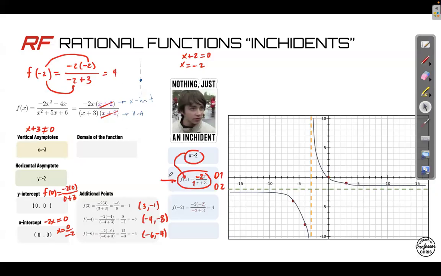The meaning of that is that collision, that incident that we had where those two values try to appear at the same time, both a vertical asymptote and an x-intercept, led to a cancellation, and that caused a discontinuity or a hole. So there is an open or a hollow dot on our graph.